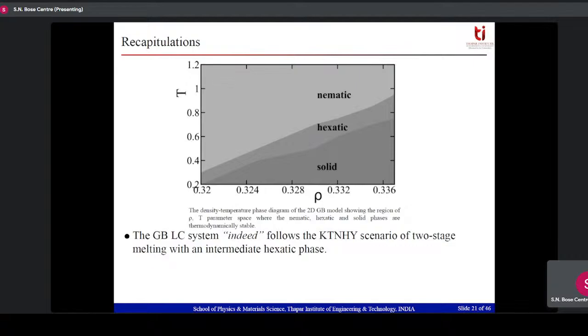So the theory that was given around the 70s, the theory still is valid for liquid crystalline materials too. That's the conclusion because of the existence of this hexatic phase at some finite temperature and density. So I am done. Thank you very much.